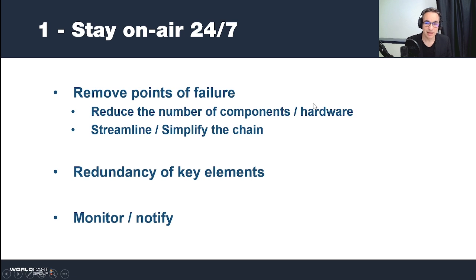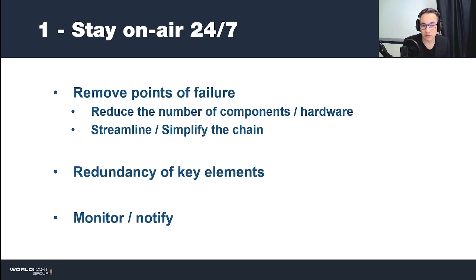To stay on air 24 hours, 7 days, what we will do is to, first of all, remove the points of failure. Any equipment that can be a point of failure in our chain is an issue, basically. So we will try to reduce the number of components, reduce the quantity of hardware, and we will simplify, streamline our chain. The more simple, the easier to maintain, and the more reliable it could be also.